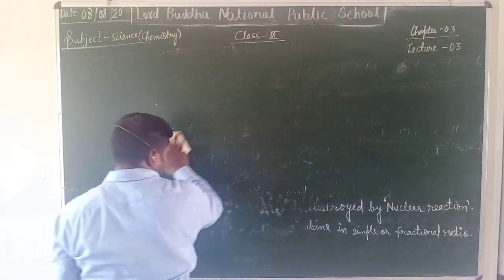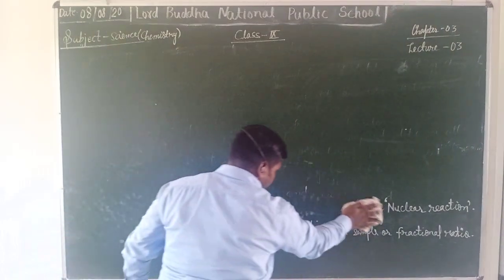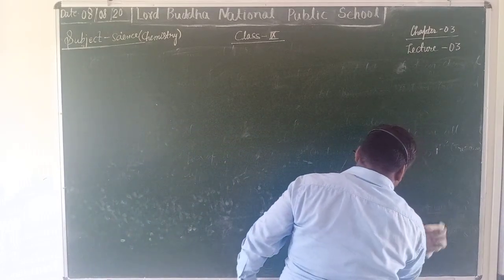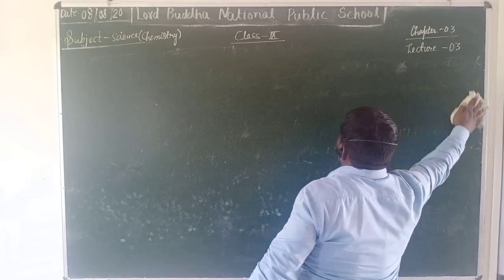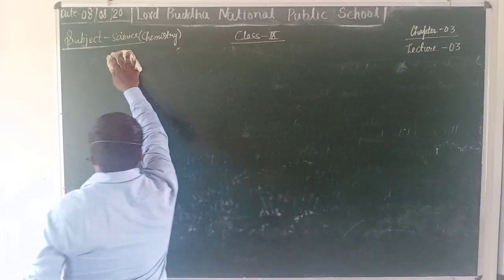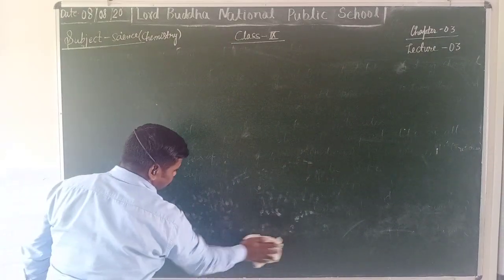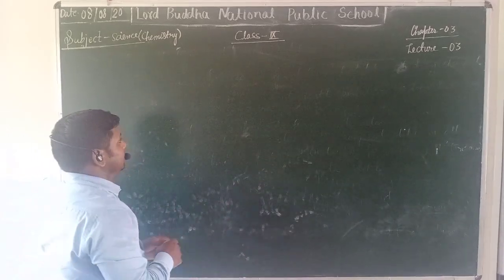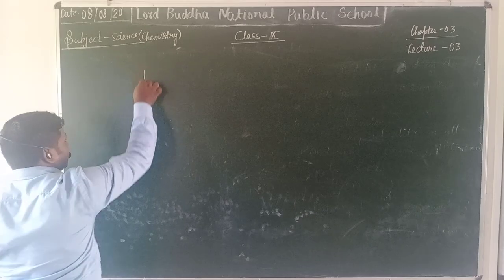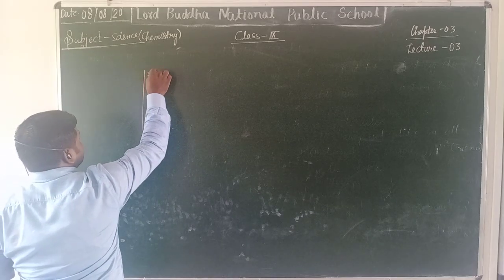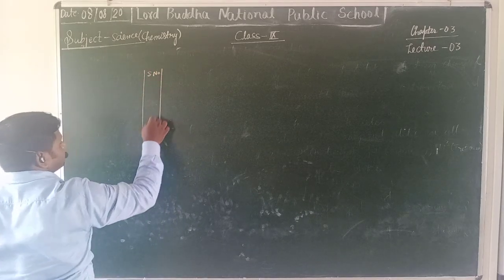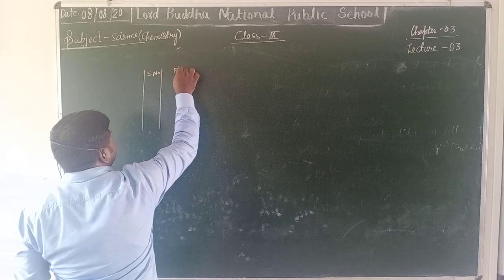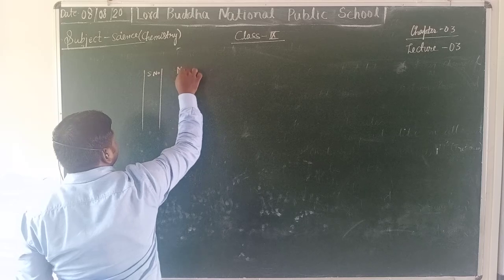Today I gave a short description of the discovery of fundamental particles. As all of you very well know, there are three fundamental particles present in an atom. First, here I take the serial number. Now here, the name of the fundamental particle.